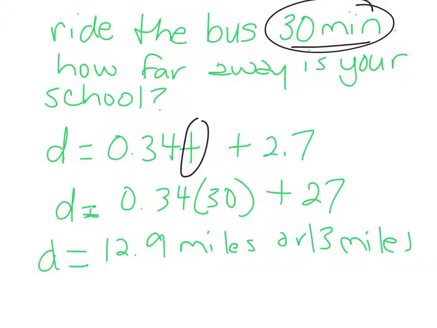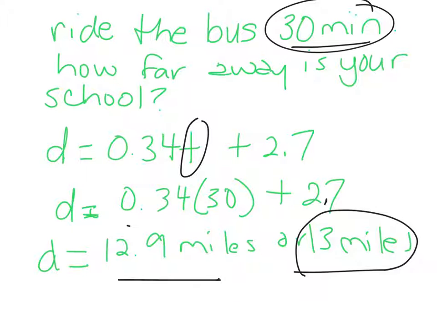Once you figure out the function, all you have to do is plug in the number. And then we end up with d equals 0.34 times 30 minutes plus 2.7. The answer is going to be 12.9 miles, or we can round up and say it's approximately 13 miles.